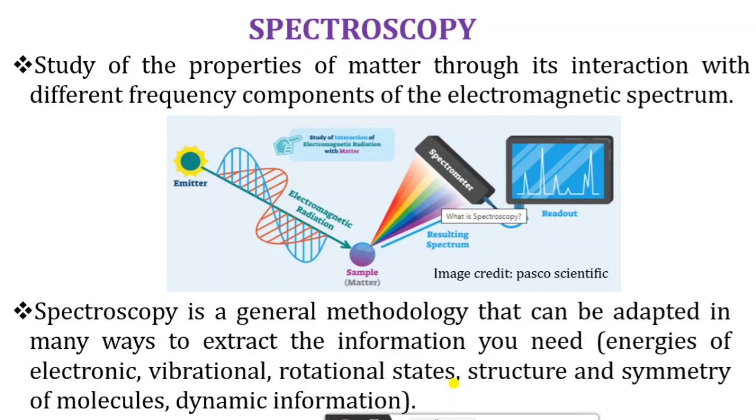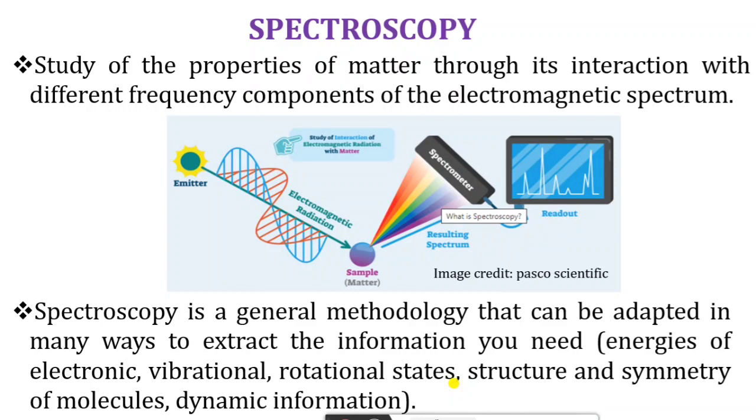Then we have nuclear magnetic resonance spectroscopy, where we use radio waves along with an external magnetic field and study the interaction of matter with the radio waves in the presence of an external magnetic field. That comes in nuclear magnetic resonance or NMR spectroscopy.